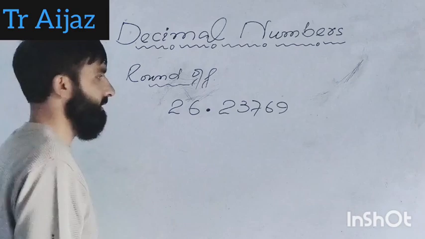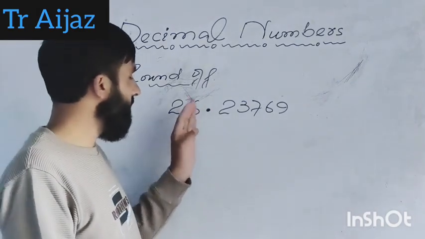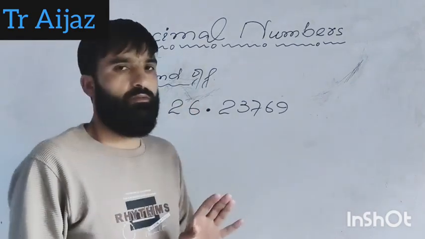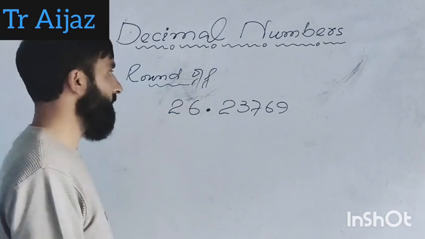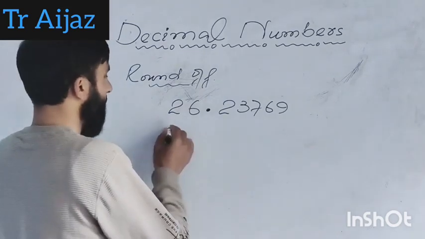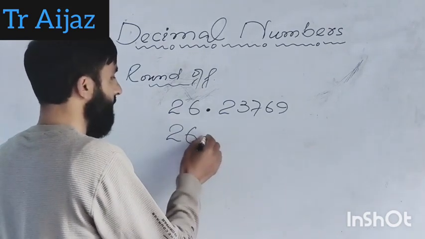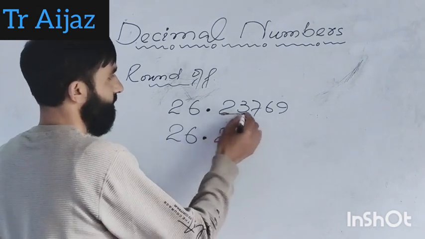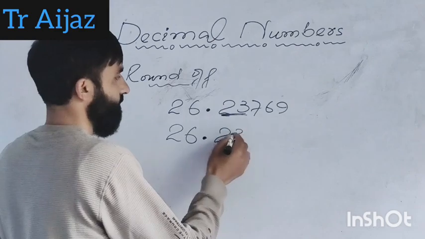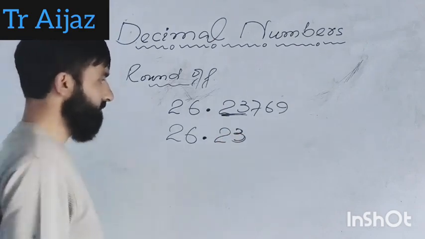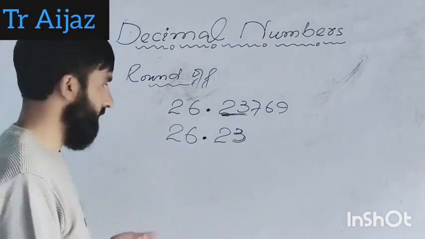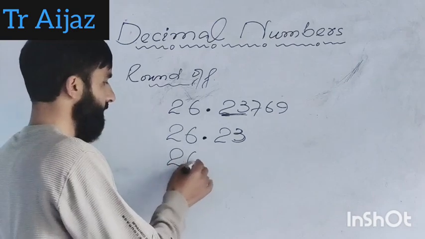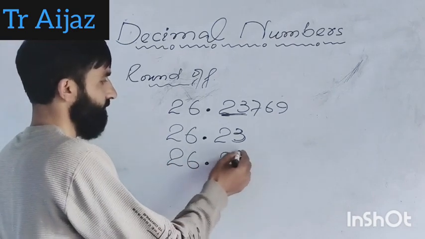Let me take the number 26.23769. This is a decimal number, and I need only 2 places after the decimal. Remember that. So we will write 26.2, and the second place is up to 3. Shall I write 26.23 as it is, or will I write 26.24?